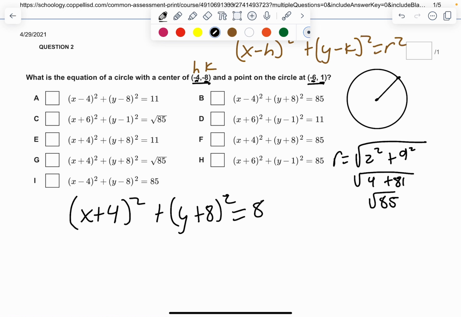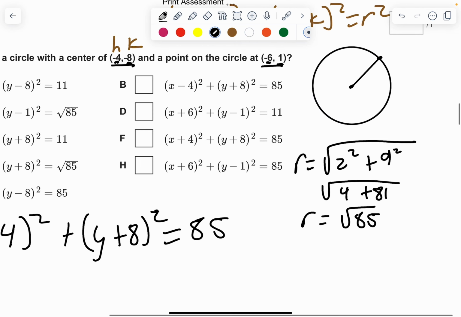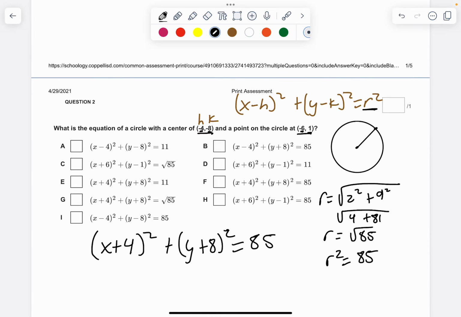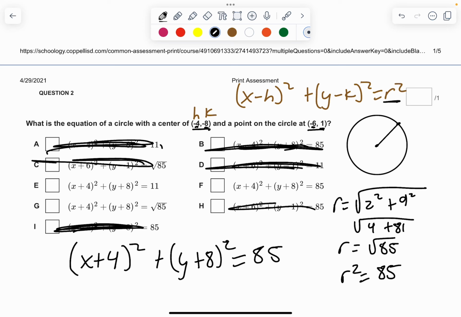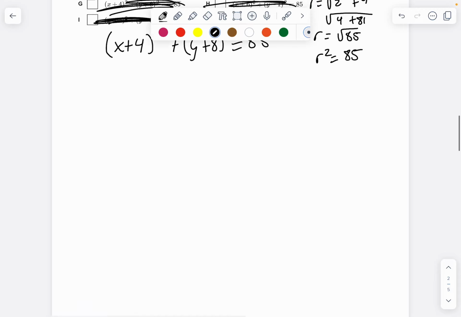This is what r equals, but we want r squared, so it equals 85. So (x plus 4) squared plus (y plus 8) squared equals 85. So it's got to be F.